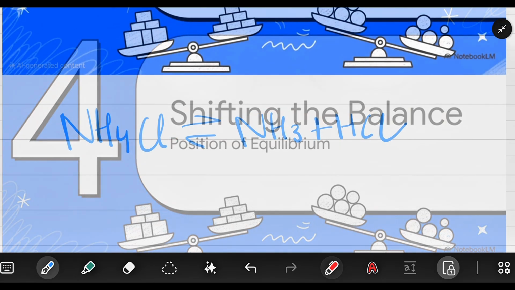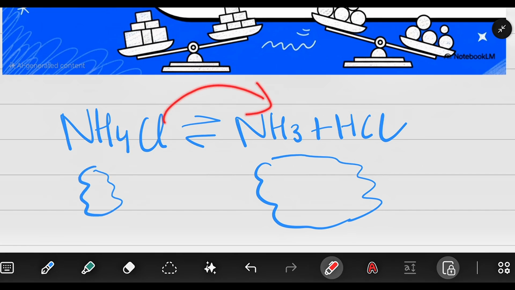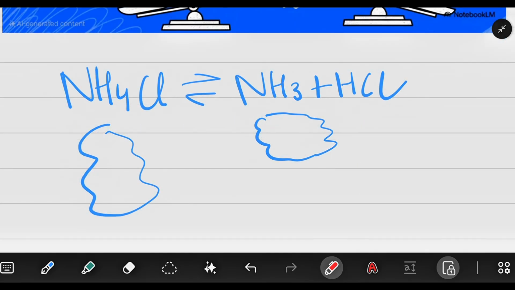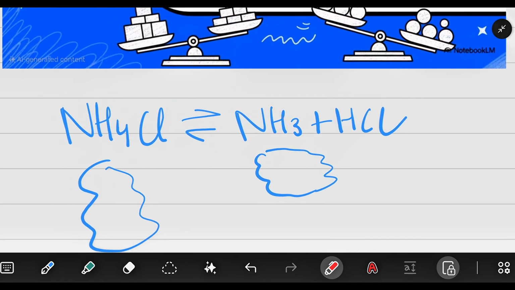What this basically means is that whenever we have more products than reactants, we say that the equilibrium position lies on the right. But whenever we have more reactants and fewer products, the equilibrium position lies to the left. Let's explain this more clearly.